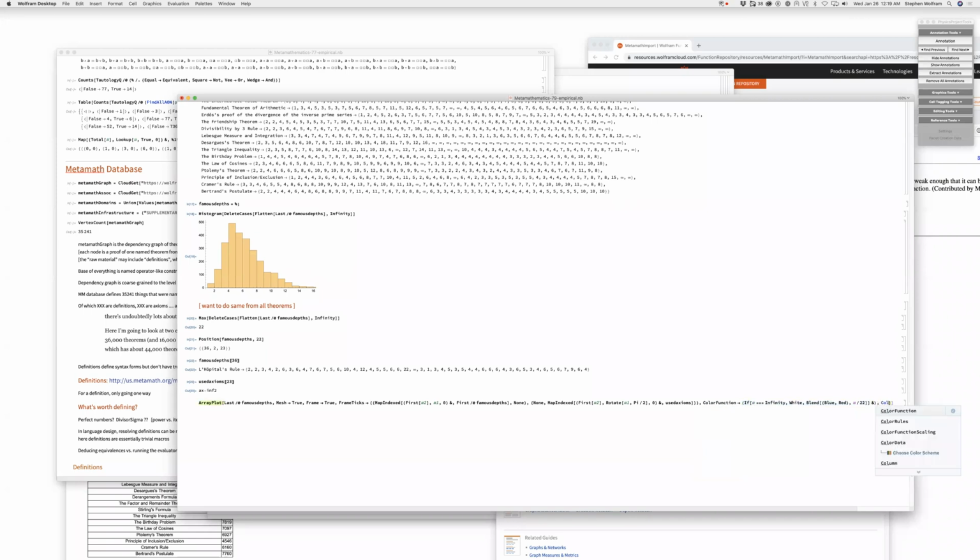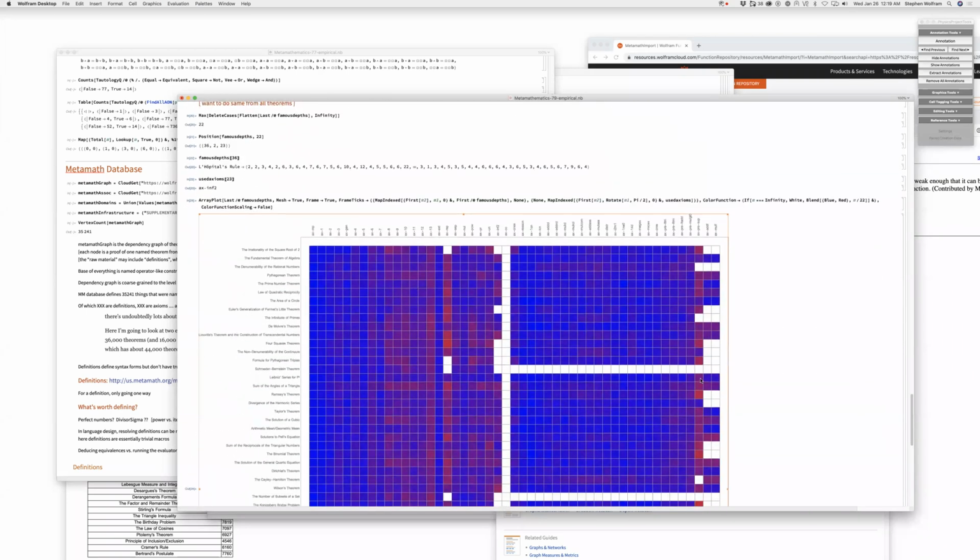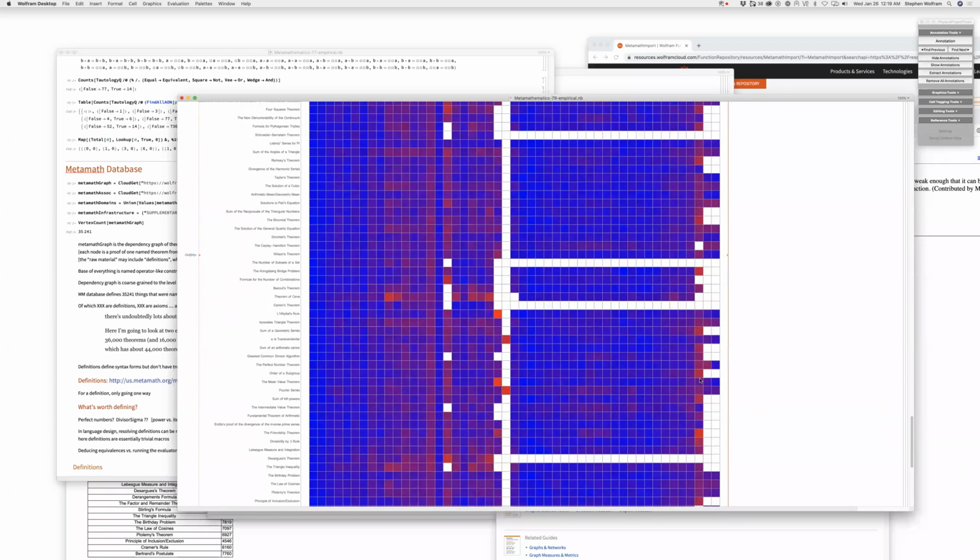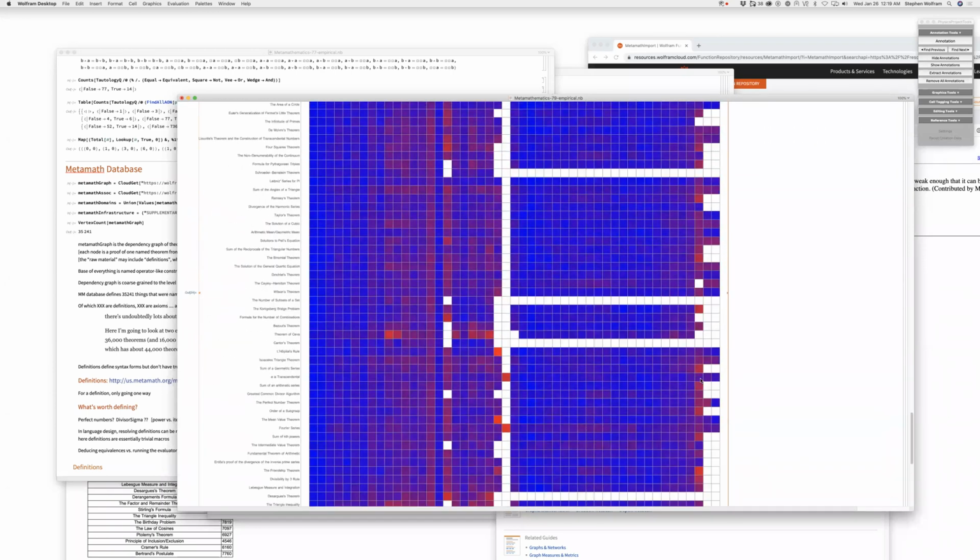I'll say color function scaling arrow false. Let's see what that does. Ta-da! Ooh, fun. Yeah, this is cool.